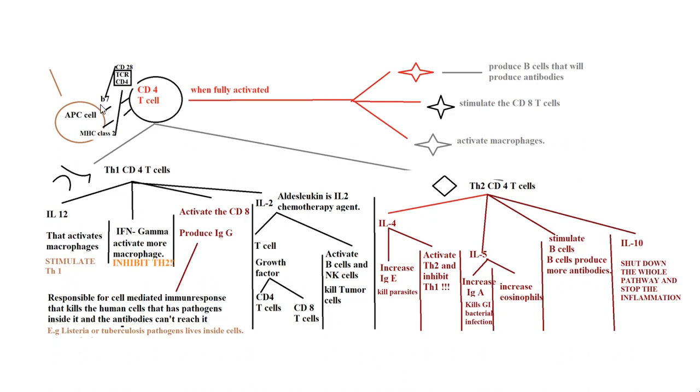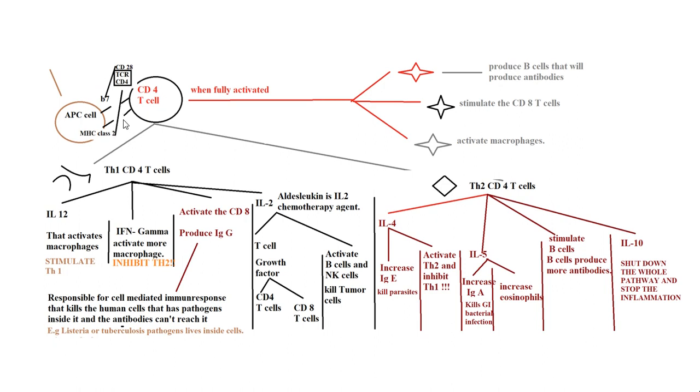If that reaction or that connection does not occur, all the subsequent chemical reactions will never happen. So the first step in T cell activation is the combination between the B7 protein and the MHC class 2 with the CD28 receptor on the T cell and the T cell receptor and CD4 molecule on the CD4 T cell.